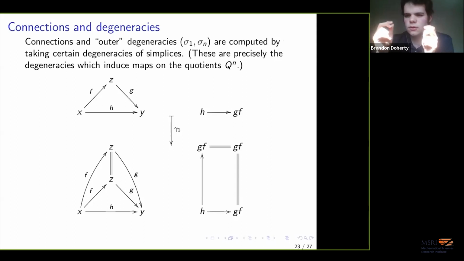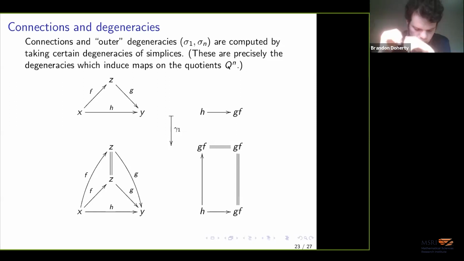which has Z as its initial vertex. So now we can also compute connections and certain specific degeneracies by performing operations on necklaces. These we compute by taking certain degeneracies of simplices. So here, for instance, you can see how we compute the connection gamma 1 of this edge by taking a certain degeneracy of the simplex to which it corresponds.